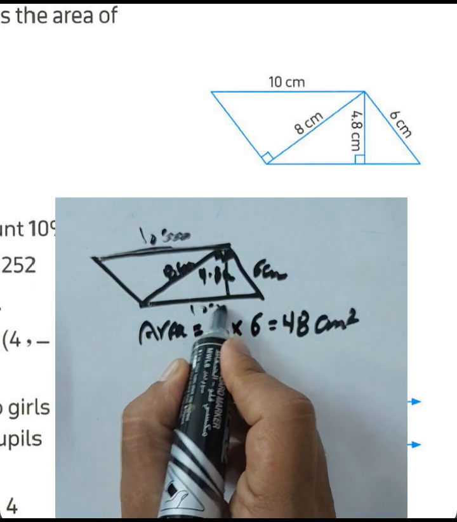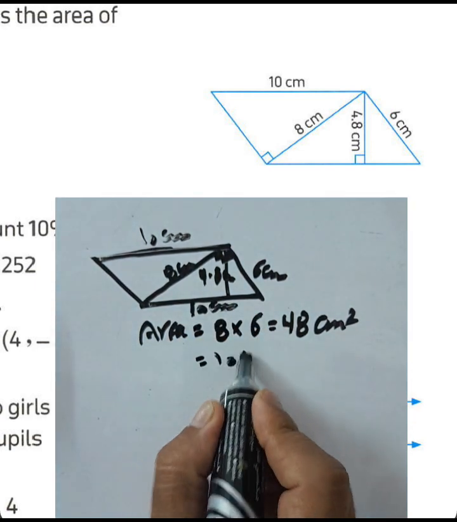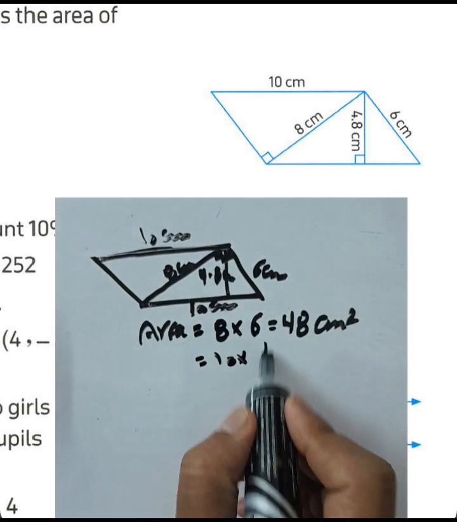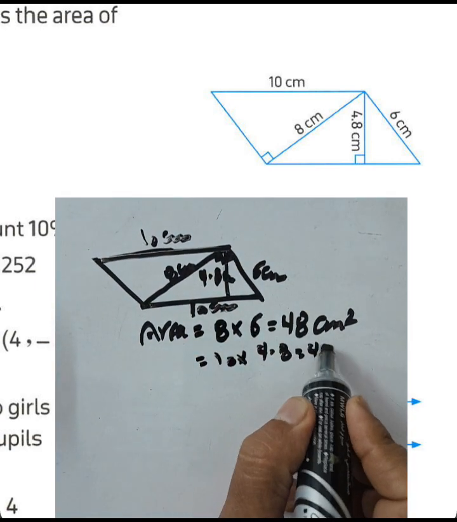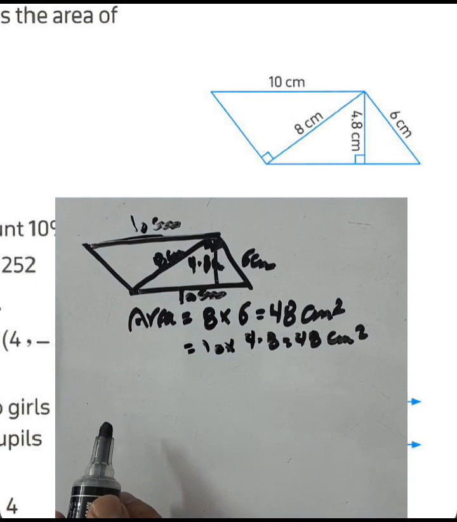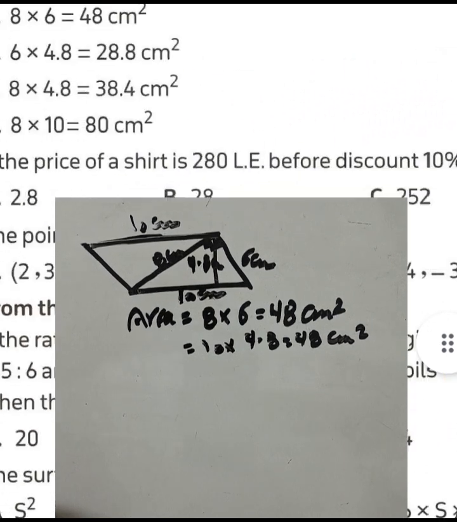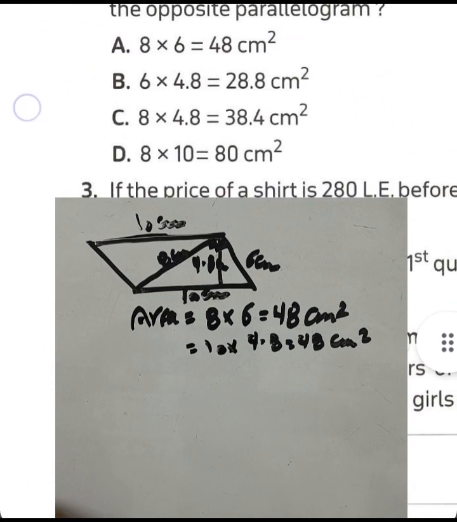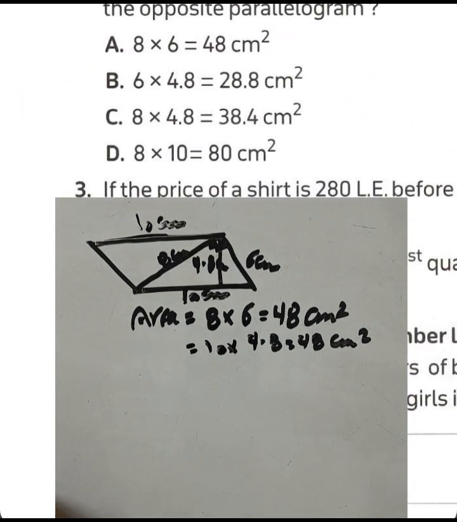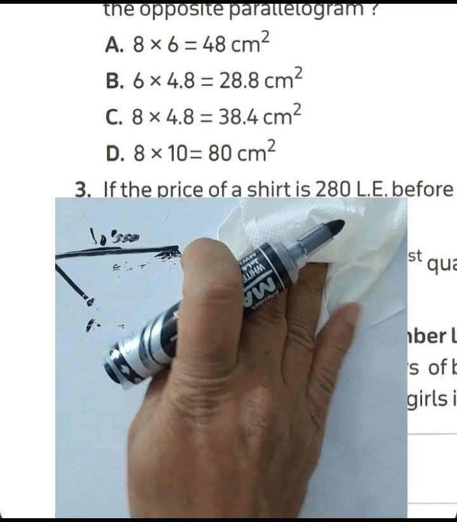You can write this base 10 centimeters times the corresponding height 4.8, and the result will be 48 square centimeters. So we have two methods to find the area in this example. 48, choose letter A. 6 times 8 equals 48 square centimeters.